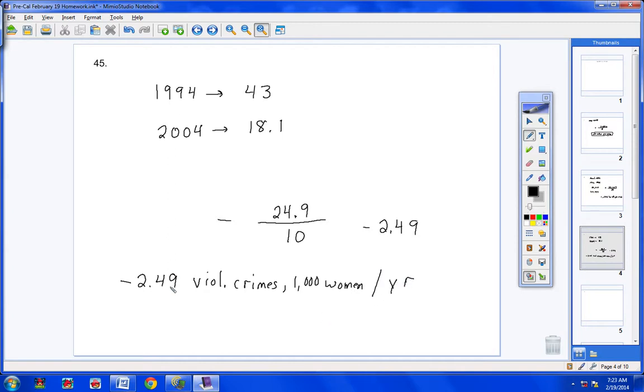And that's a decrease, okay? So that is the rate of change. Every year it dropped 2.49 violent crimes per every 1,000 women. So you need to write your slope something like that, so I can see that you can put in words what this number actually means.